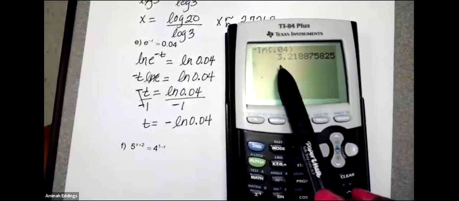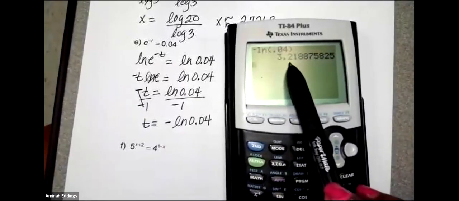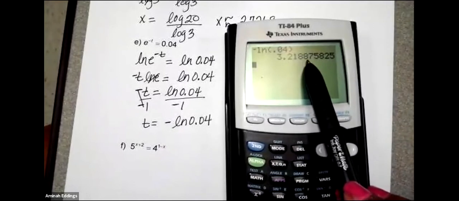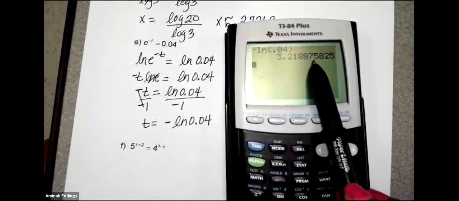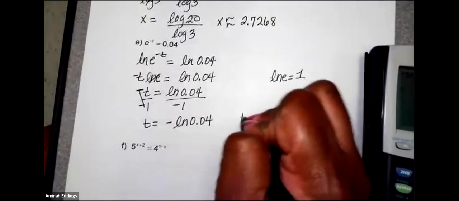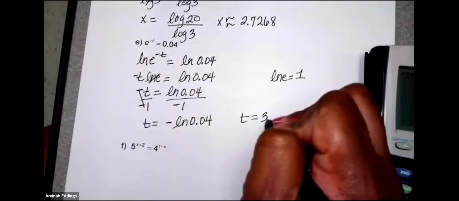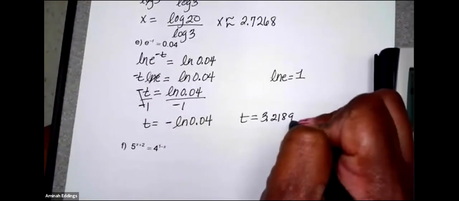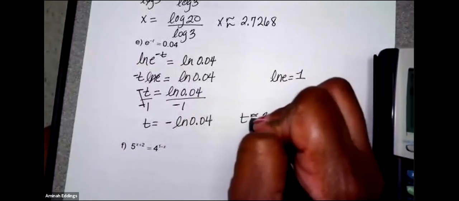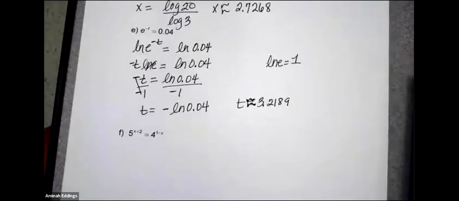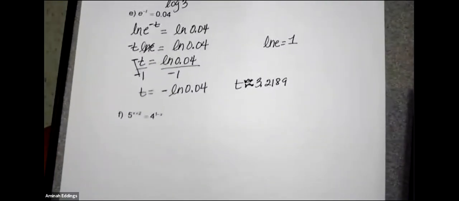And so we would get 3.2189 because that 7 tells me to round that up. And let's make that approximately. Okay. Questions on E?